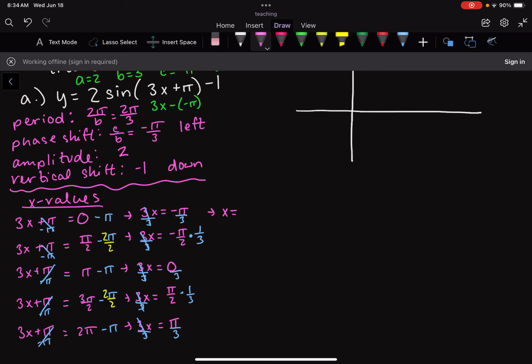So this leaves me with x equals negative pi over 3, x equals negative pi over 6, x equals 0, x equals pi over 6, and lastly, x equals pi over 3. So these are my x values.